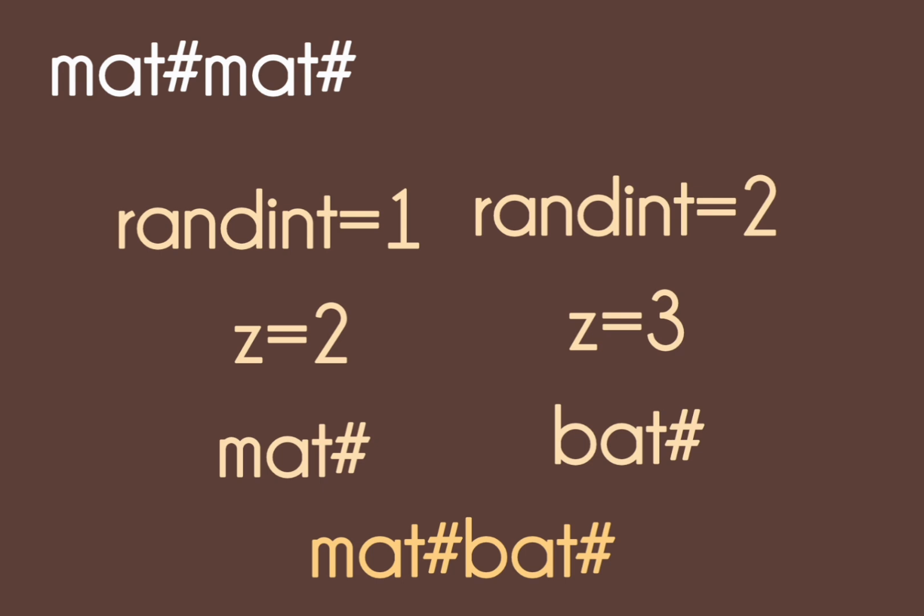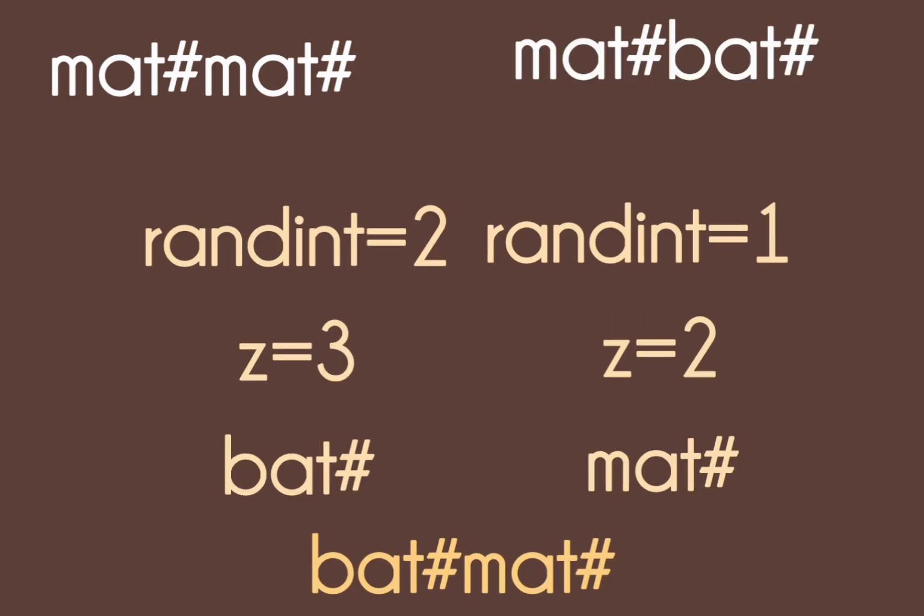So when 1 is added to 2, the value of z will become 3. And at the third index, the element is bat. So in the output, after mat hash, there will be bat hash. So this is also a possible output, that is mat hash bat hash.